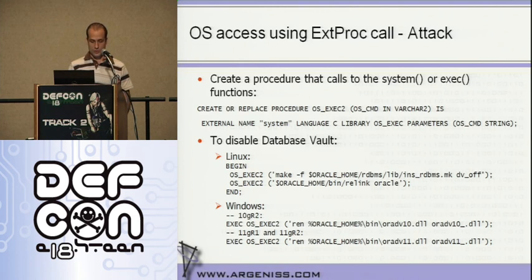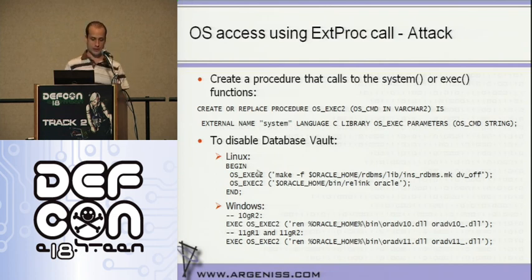And now I can use this OS-exec2 stored procedure inside a PL/SQL program to execute the operating system command I pass as a parameter. So after I execute these create library and create procedure statements, I can execute operating system commands as the Oracle user or system authority in Windows.